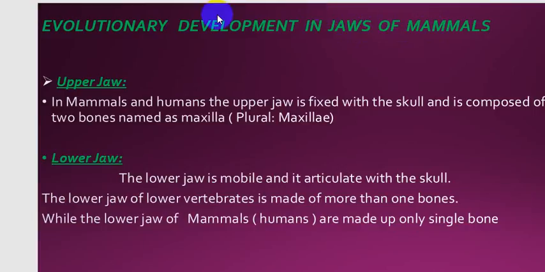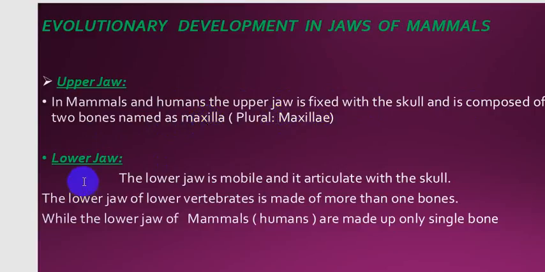First of all, the mammals' jaws are two in number, the upper jaw as well as the lower jaw. In mammals and humans, the upper jaw is fixed with the skull and is composed of two bones named maxilla, or the plural, maxillae.